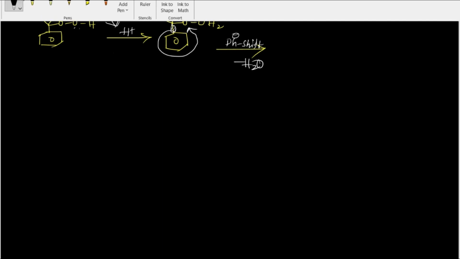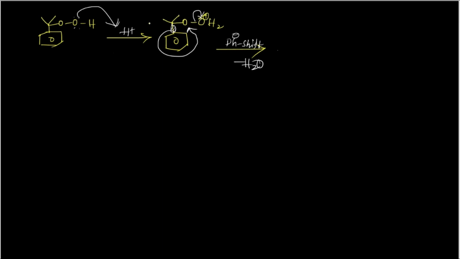Then we will get a compound something like this. Let me write it over here. We will get, let me write this benzene ring as Ph, and here we'll get this O, and here it is Ph. So we'll get a positive charge on this carbon.